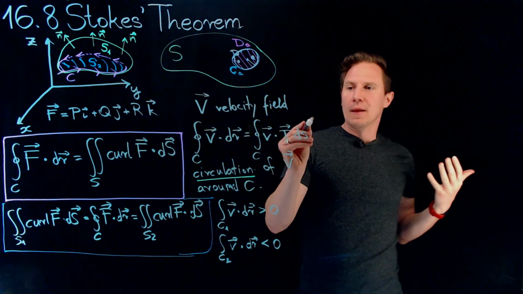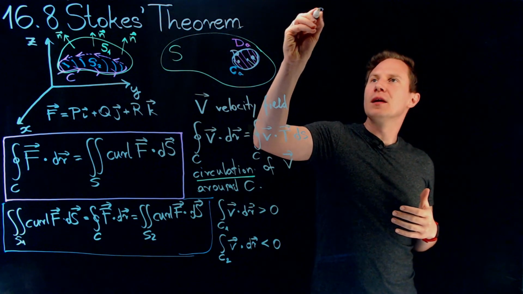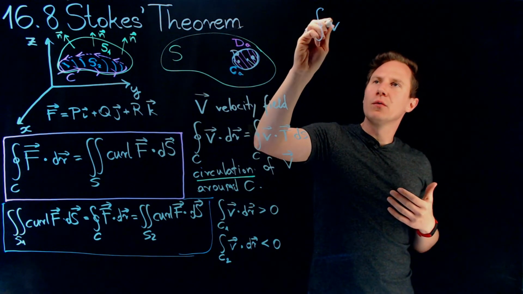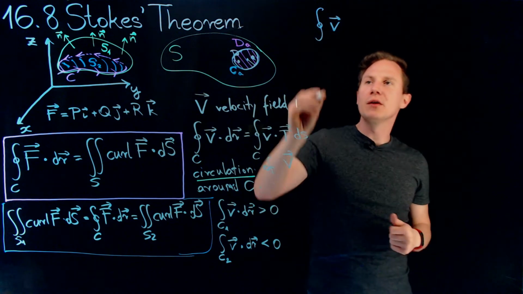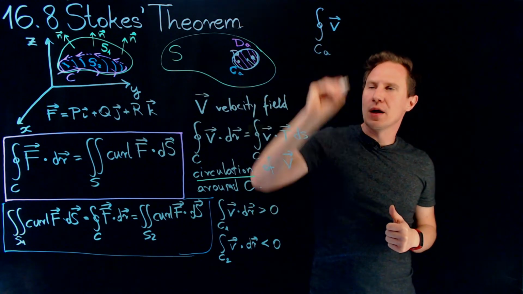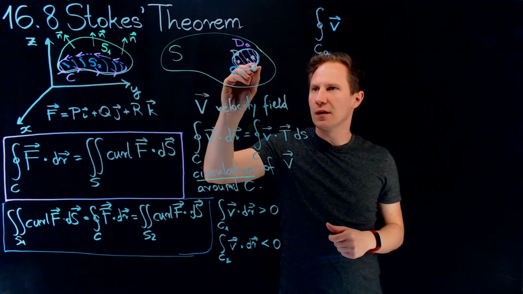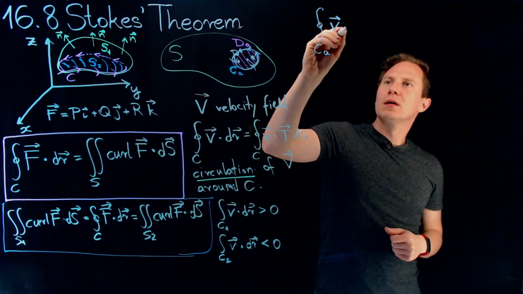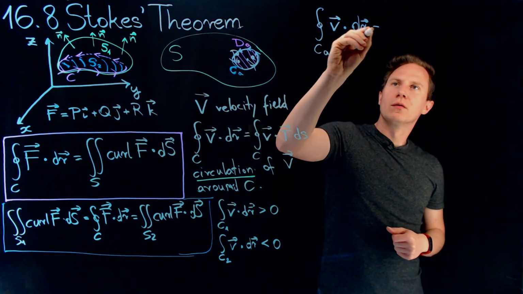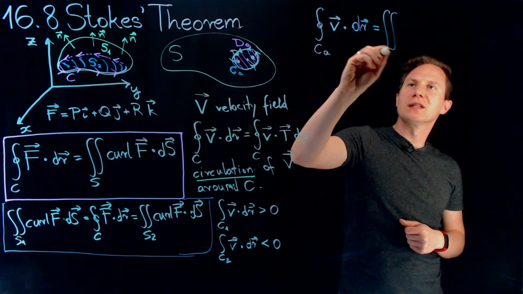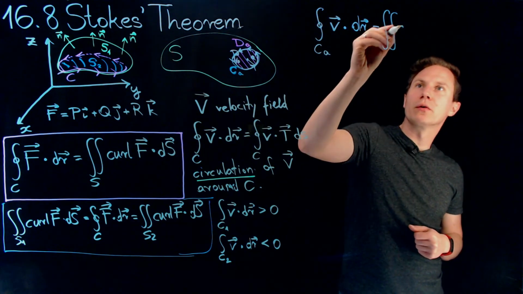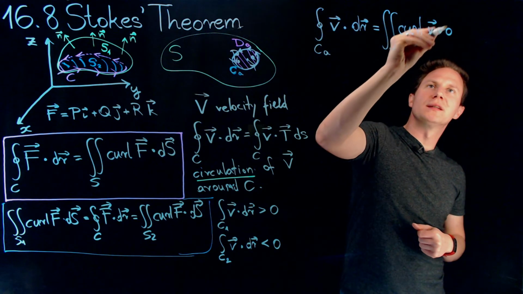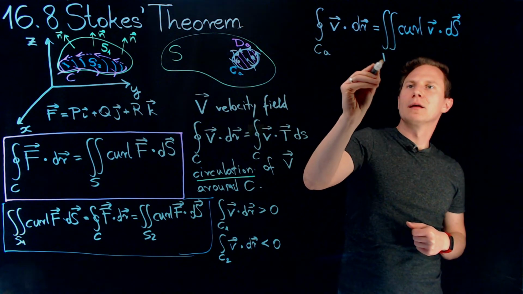continuous. So Stokes' theorem tells us that if we compute the circulation of our, well, let's use V instead of F, of our velocity field around this circle CA, which is now oriented, let's say this way, this circulation will be equal to the surface integral of the curl of V across that disk dA.